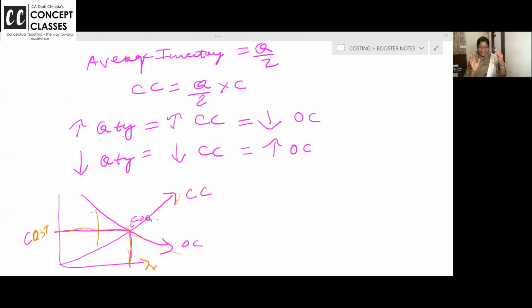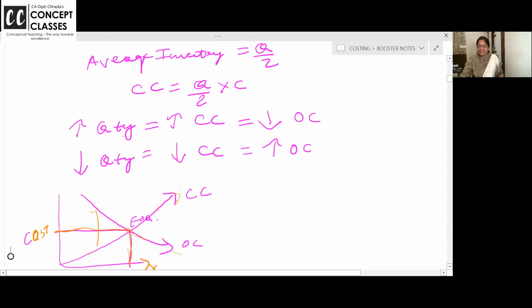Did you get this logic from the screen? If you buy more quantity, carrying cost will be high because you have to maintain so many units. If you buy less quantity, carrying cost will be low, no maintenance, no interest, but ordering cost would be high. So this is the equilibrium diagram they can ask.